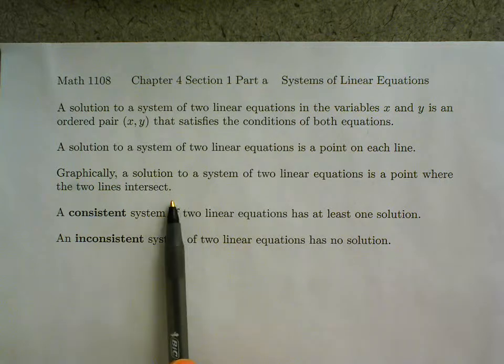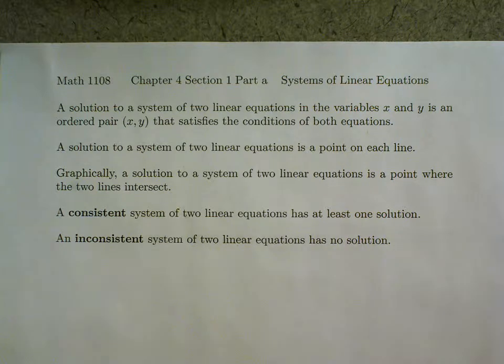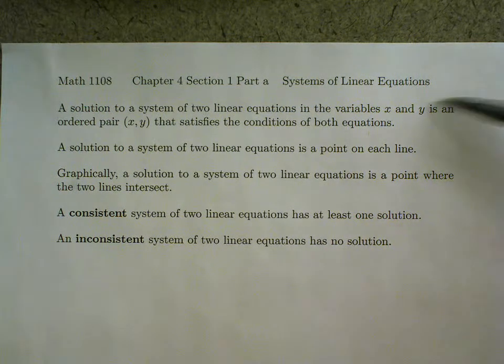And what does that mean graphically? Graphically, a solution to a system of two linear equations is a point where the two lines intersect. So these three sentences are all interrelated.